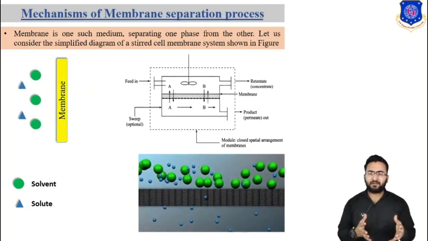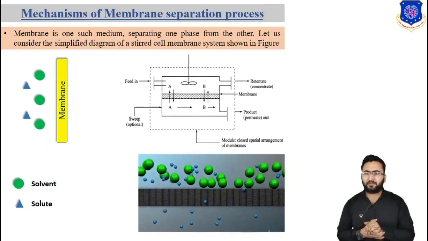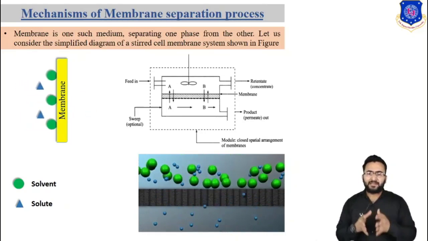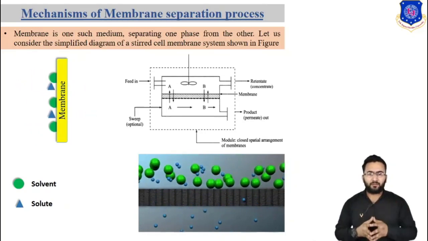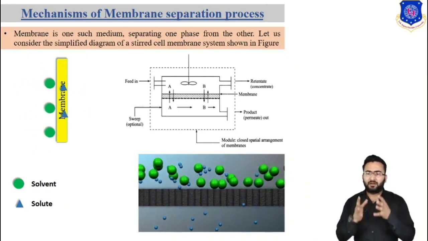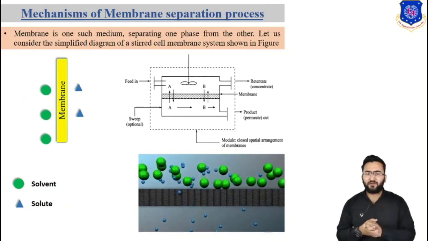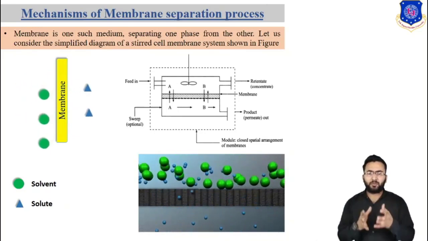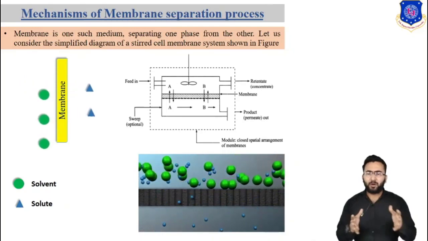So let us discuss the mechanism of membrane separation process. Membrane is one such medium separating one phase from the other. Let us consider the simplified diagram of this cell membrane system as shown in this figure. The membrane is placed on a rigid and highly porous support plate held between two components.